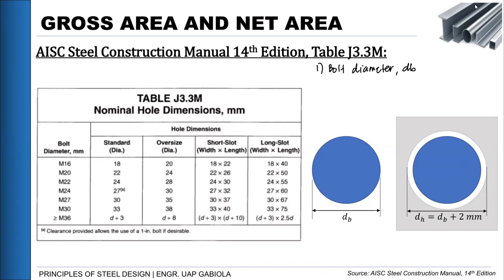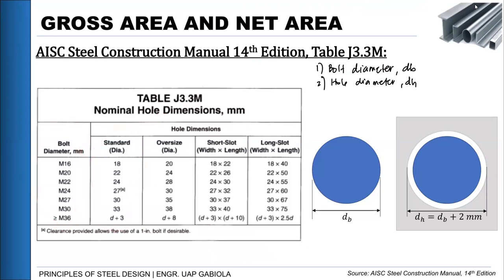Okay? Then for number 2, we have yung tatawagin nating hole diameter or D sub H, dH. Okay? So, pagdating kay D sub H, in metric, ito yung pwede natin gawing reference sa kanya. So, whatever is the bolt diameter, makukuha natin yung hole dimension natin, yung dH natin, using yung second column.